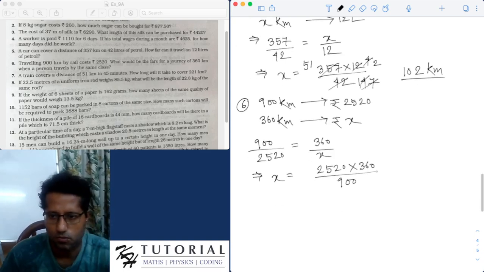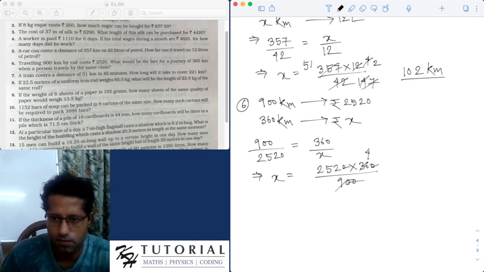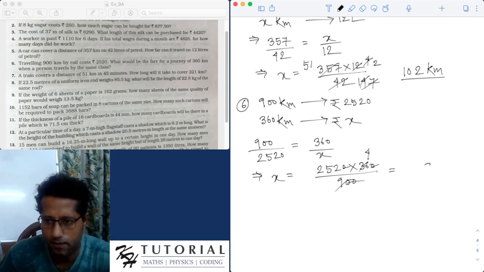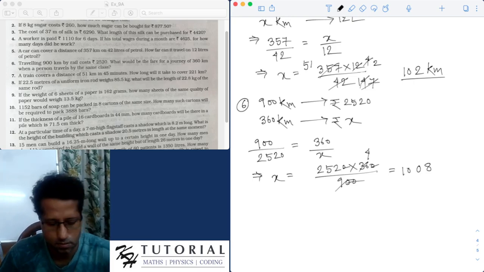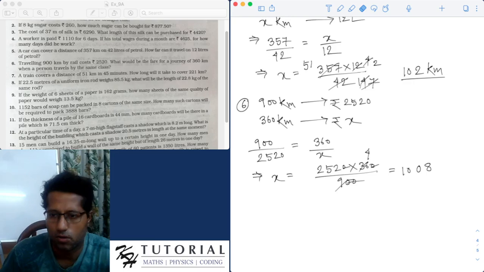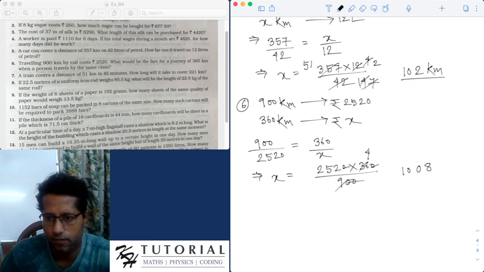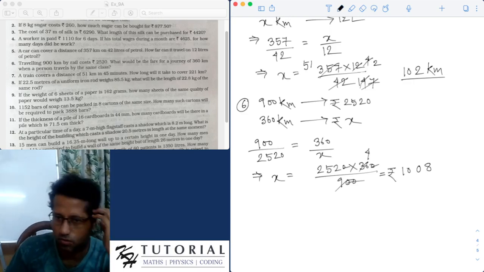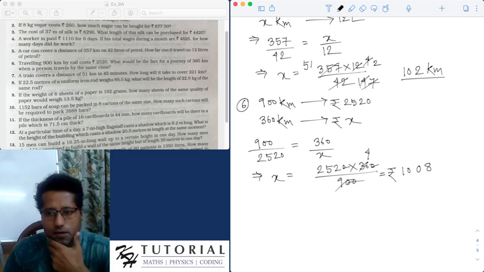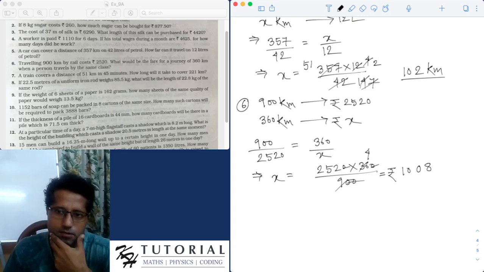Okay, so 20 cancels out and this divides by 4, and so this is equal 8, 20 and 10. So the cost of traveling by rail in the same class, traveling 360 kilometer in the same class will cost rupees 1008. This is the answer.